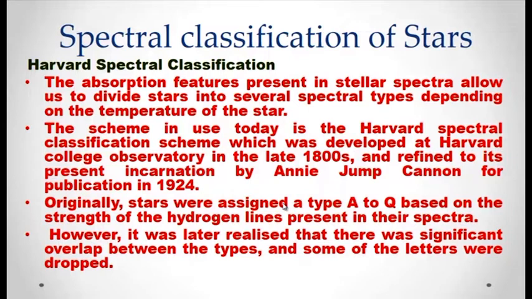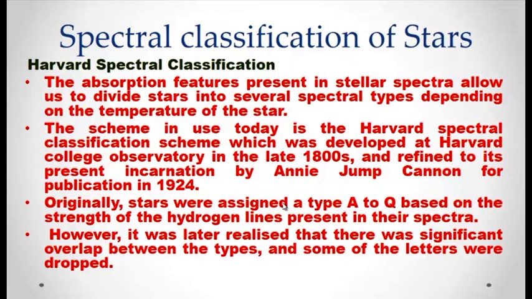In this classification, the absorption features present in stellar spectra allow us to divide stars into several spectral types depending on the temperature of the star. The Harvard spectral classification scheme in use today was developed at Harvard College Observatory in the late 1800s and refined to its present incarnation by Annie Jump Cannon for publication in 1924.